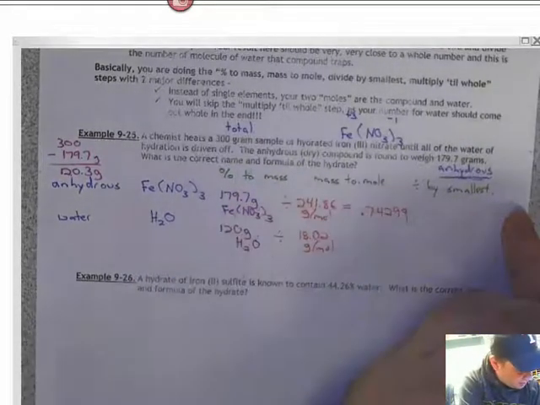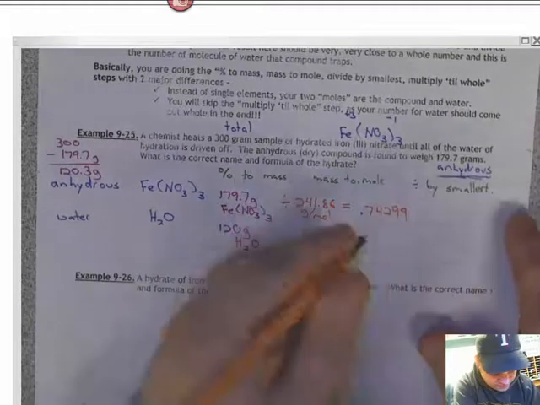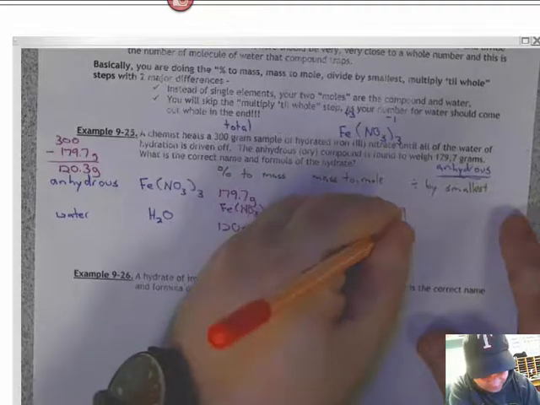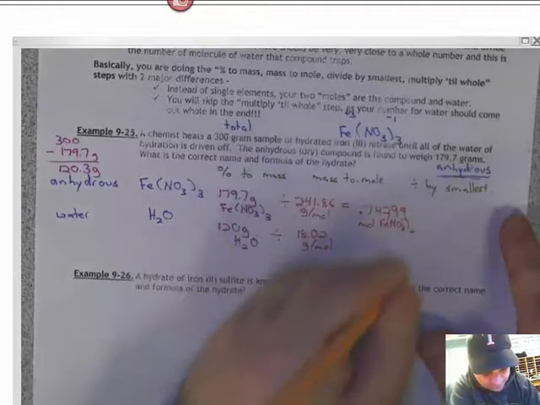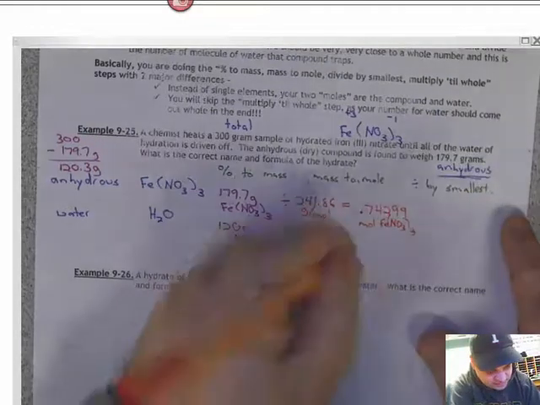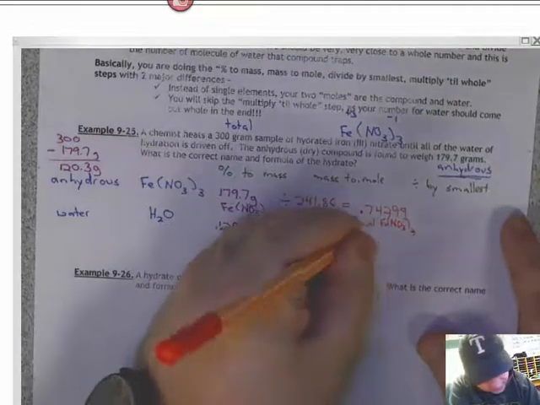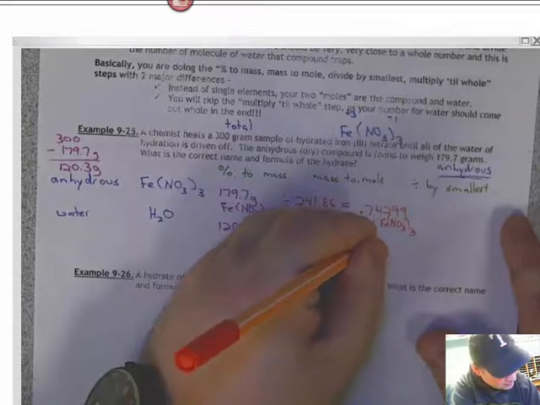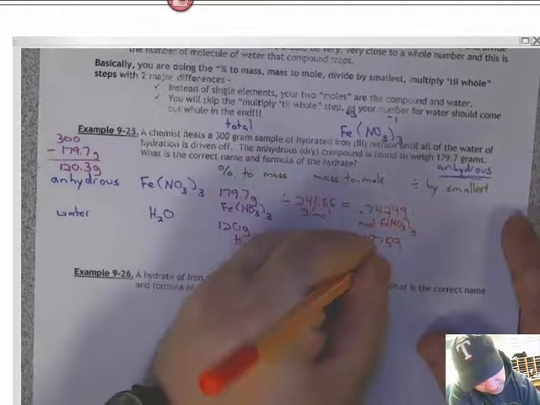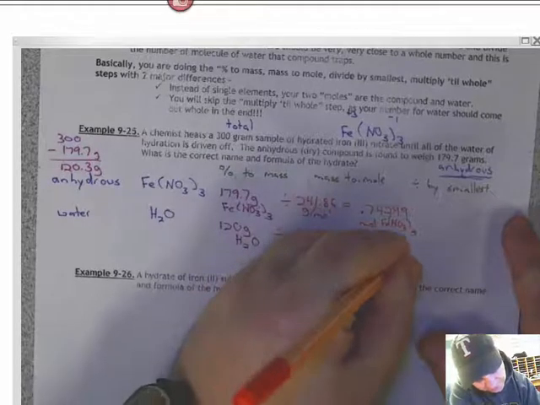You have to write out a bunch of numbers, remember. That's the moles of iron nitrate. Here we get 6.6759. Those are the moles of water.